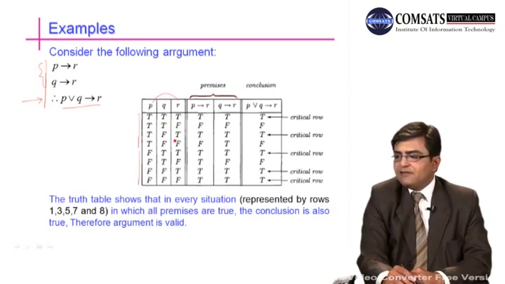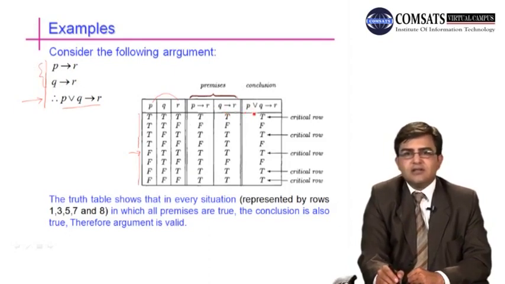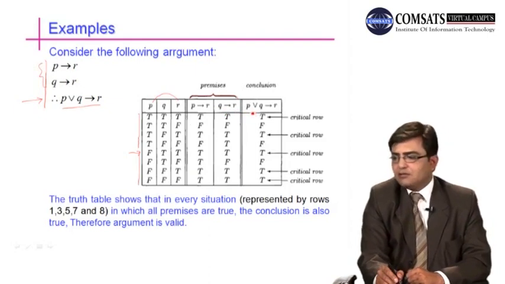If we have false and true in a conditional statement, then again the conditional statement is true, as you know. False, false, true. Similarly, we have constructed the truth table for Q implies R, and then the truth table for the conclusion, the compound proposition P or Q implies R.